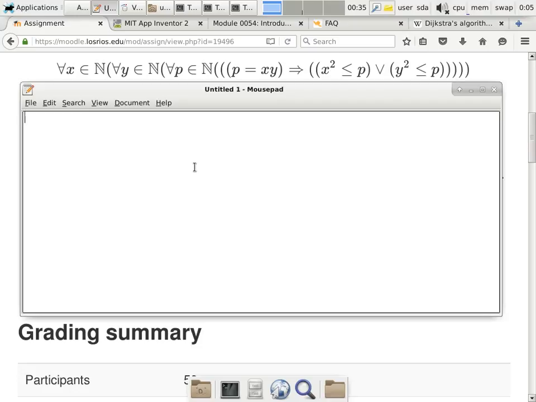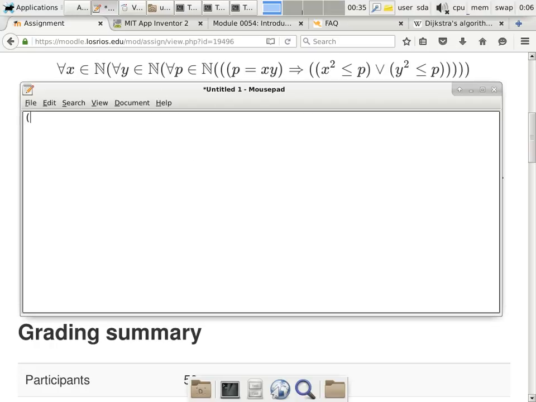The first thing we need to do with proof by contradiction is to invert the statement, to basically do the negation of the theorem. Then we are trying to prove that the negation of the theorem will lead to a contradiction. That's the whole point of proof by contradiction. So what we want to do is to extract the theorem part.